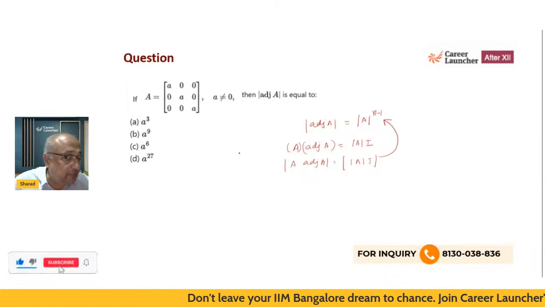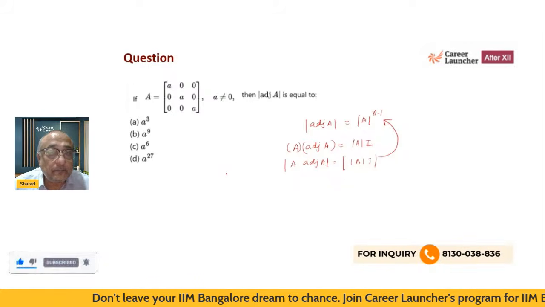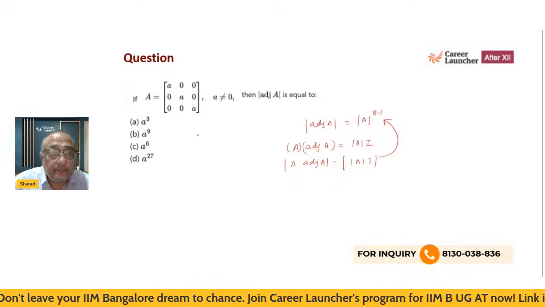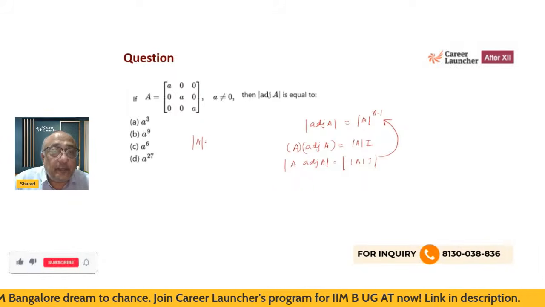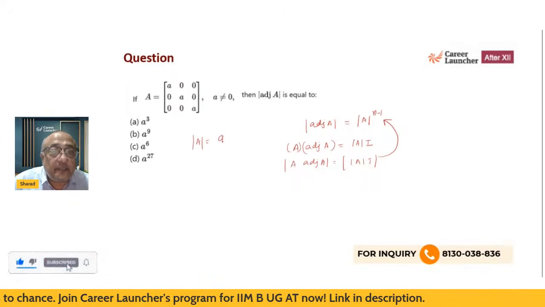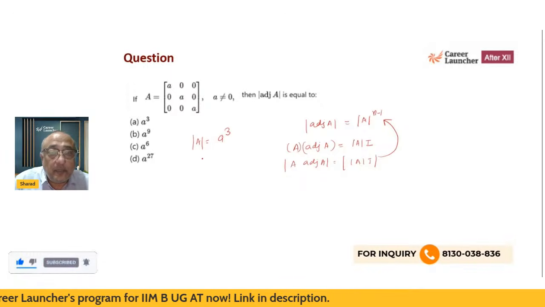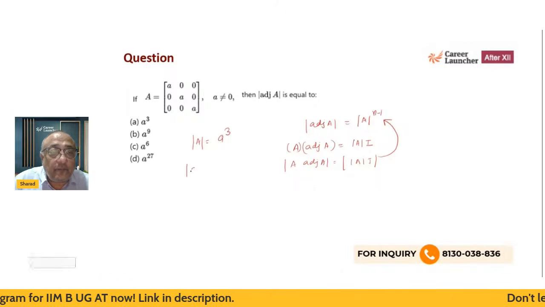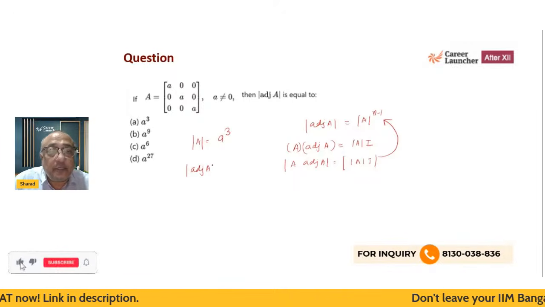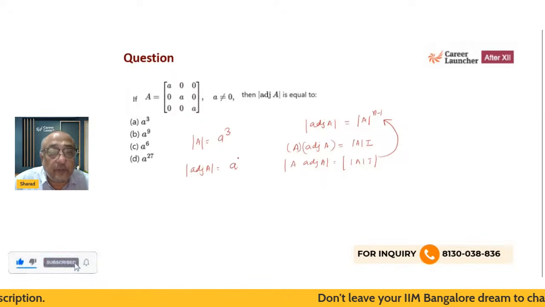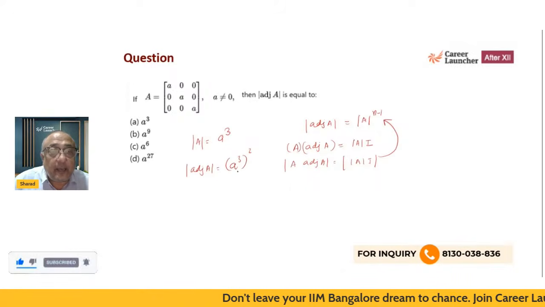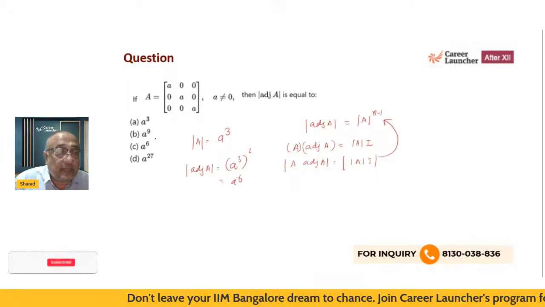Please tell me what will be the value of this from here. First compute determinant of A. It is surely A cube. So what will be the value of adjoint of A? I'm sure you would have given the answer. I don't have access to the screen. I'll just check. It is A raised to power 6.